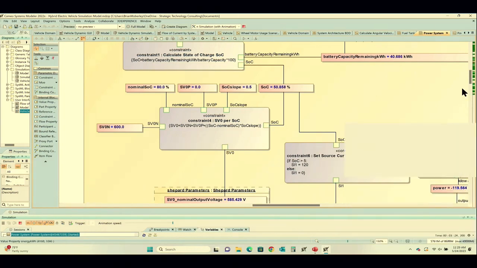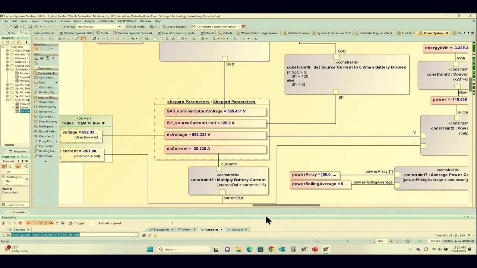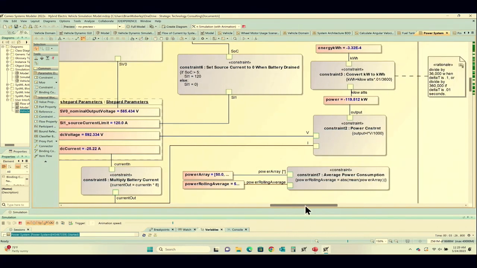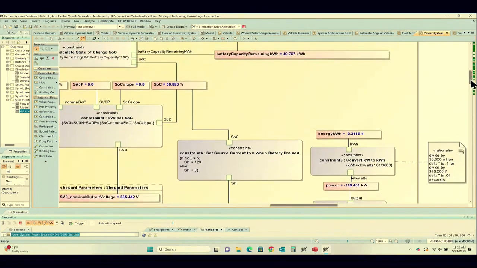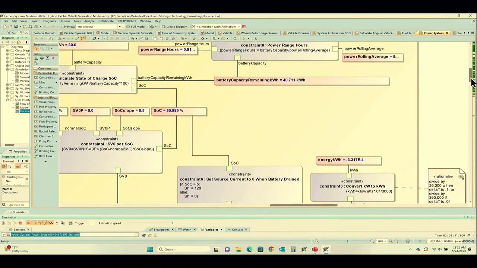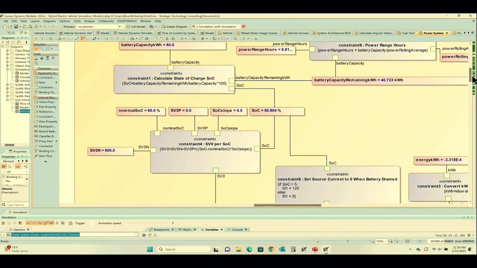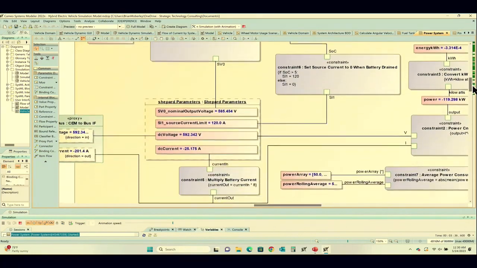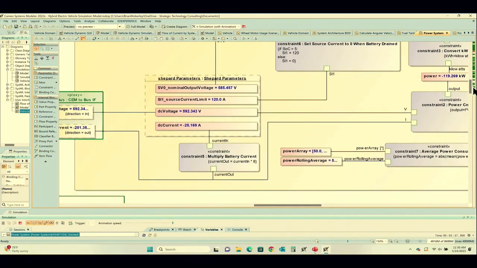So there are some conversions that are happening here in this battery. Based on the amount of current, we know how much power we're using in kilowatts, and then over time we can determine how much that's depleting the state of charge of the battery, which of course is then affecting its Shepherd parameter dynamically. So that's what's happening inside of the battery at that point.